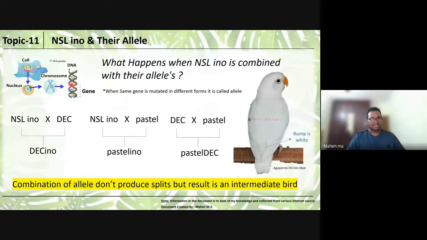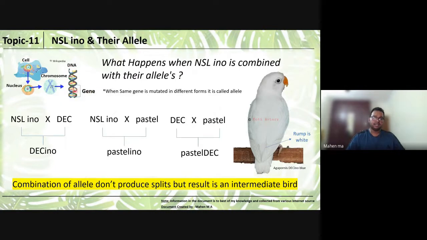So at the same location, or at the same gene, when there are different modifications happening at the same location, they are called alleles of each other. Now in NSL, there is a modification in locus A. They call it location A. In DNA there are a lot of locations that have been given to each of the genes.